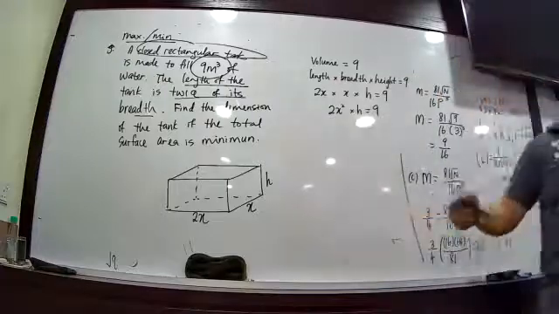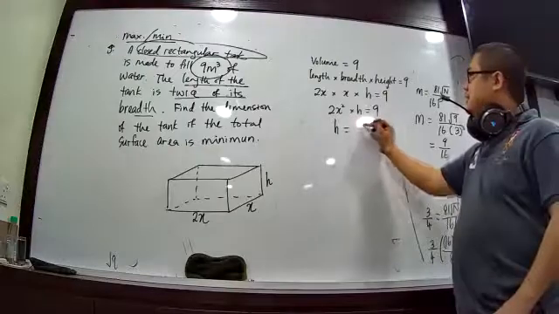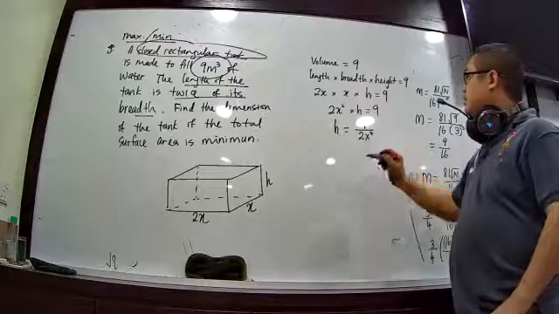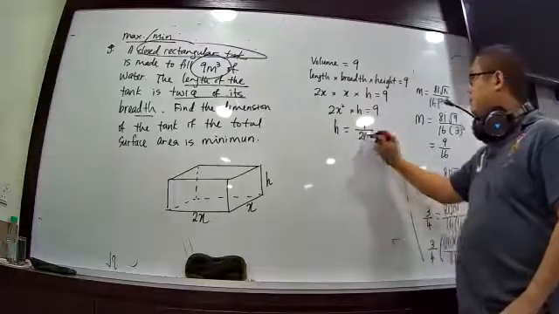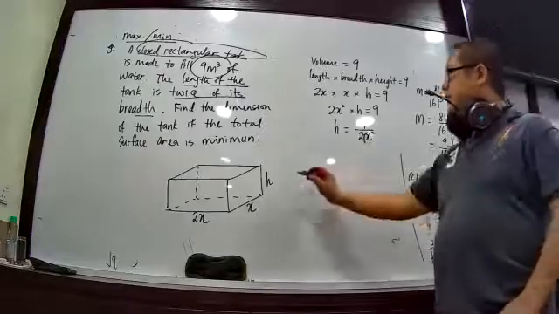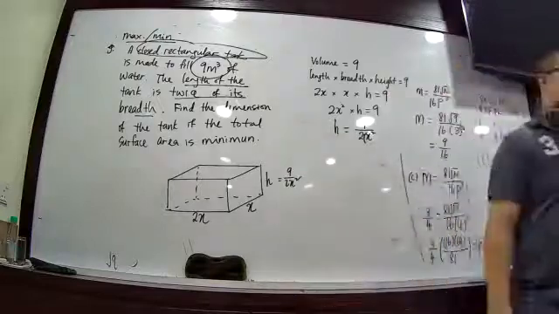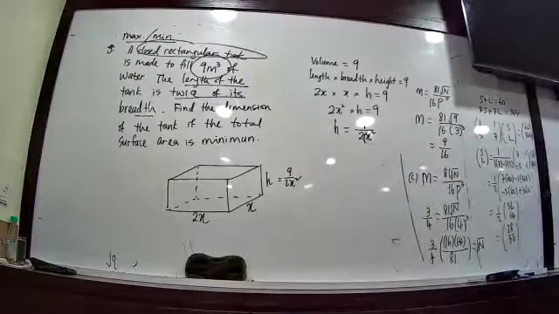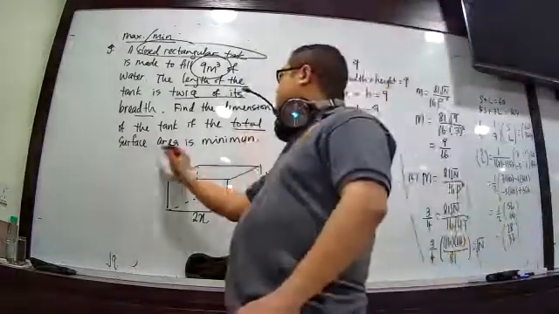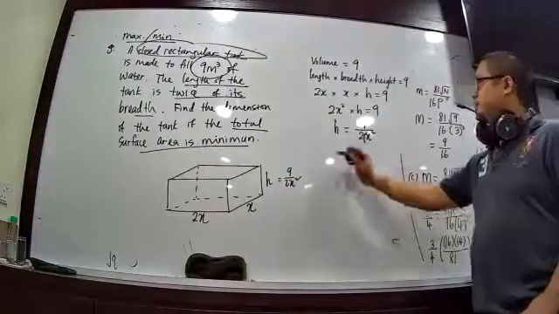Because I want to make all the values in terms of x, h is 9 over 2x squared. So I already know that h is 9 over 2x squared. Now the total surface area is a minimum, so I want to find my total surface area.